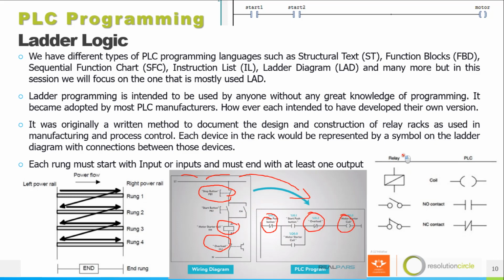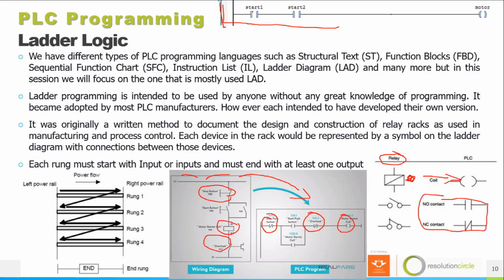So in relays, this is how you represent a coil. In PLC, this is how we represent coils. Then these are the contacts that we're going to be using. This is a simple example, here on top, of a ladder instruction.